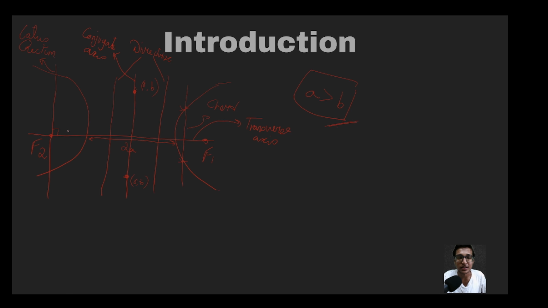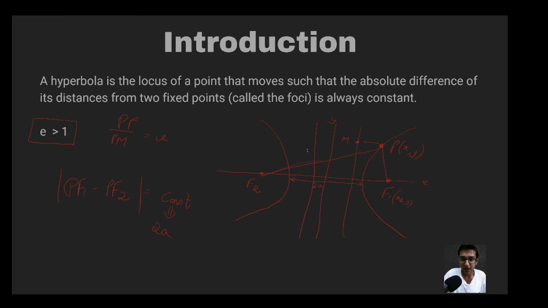Since this is a chord perpendicular to the transverse axis, it is nothing but our double ordinate, and any chord that passes through the focus is known as our focal chord. Also, PF and PF2, these two distances are known as focal distances.